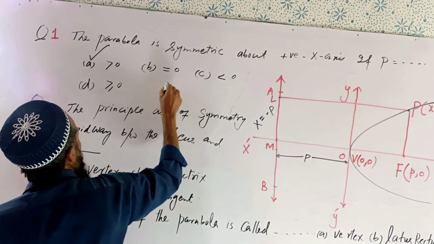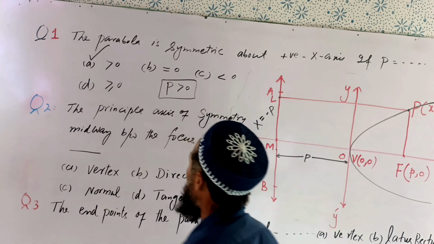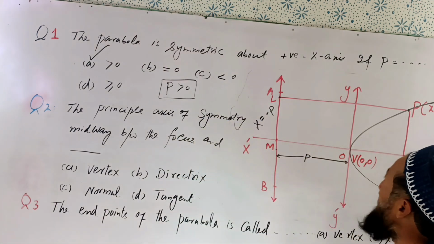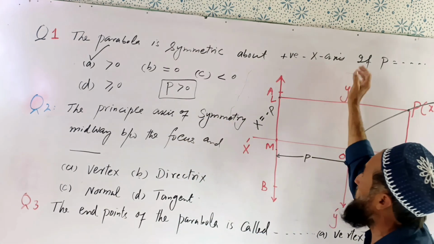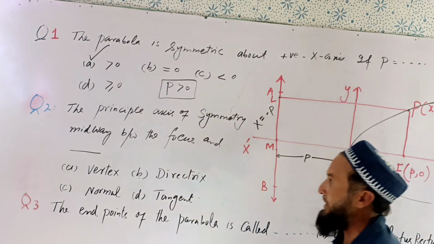We already use this condition. So the parabola is made along the x-axis, symmetric along the positive x-axis, so p must be greater than 0. This condition is satisfied. And if the parabola is symmetric about the negative x-axis, the case will change, so p is less than or equal to 0 in that case.